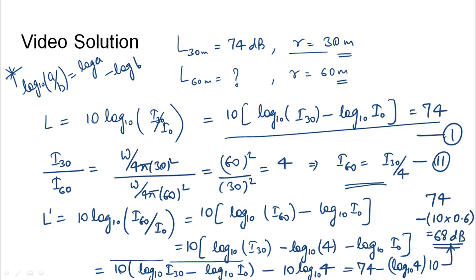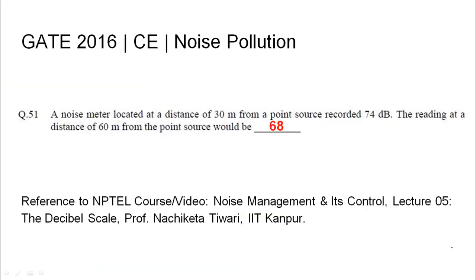So compared to a distance of 30 meter from the sound source, when the loudness level was 74 decibels, when we increased the separation to 60 meter, the loudness became 68 decibels. So it decreased by a value of 6 decibels. So the reading at a distance of 60 meter from the point source would be 68 decibels. The relevant NPTEL reference has been mentioned.